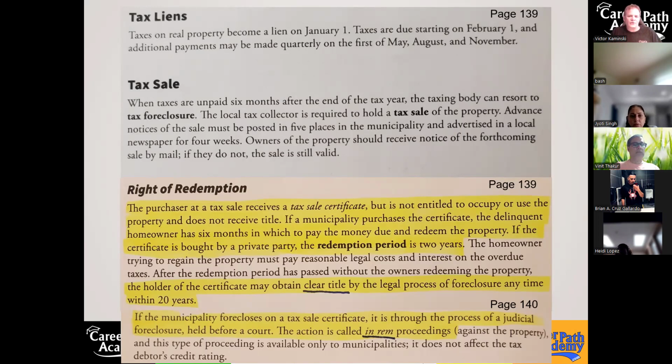And if there's not enough proceeds from the sale to pay them all back, those other remaining liens get wiped out. In a tax auction, the only goal is to pay back the taxes. And then all other liens get wiped out, even a first mortgage.